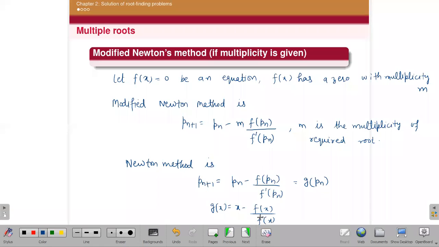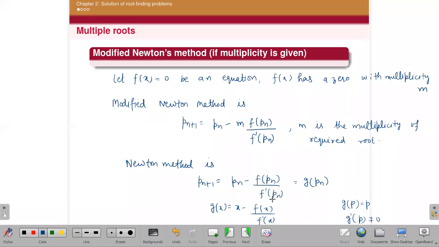If you find the root that is a simple zero, because in that case f dash p is non-zero, this method gives you quadratic convergence, which we checked in the order of convergence lecture. We checked that g at p is equal to p and g dash at p is non-zero in that case.